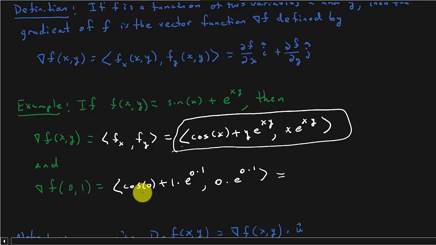Cosine of 0 is 1, and this is 1. 1 plus 1 gives us 2, and then 0. All right, so there's finding the gradient of f.